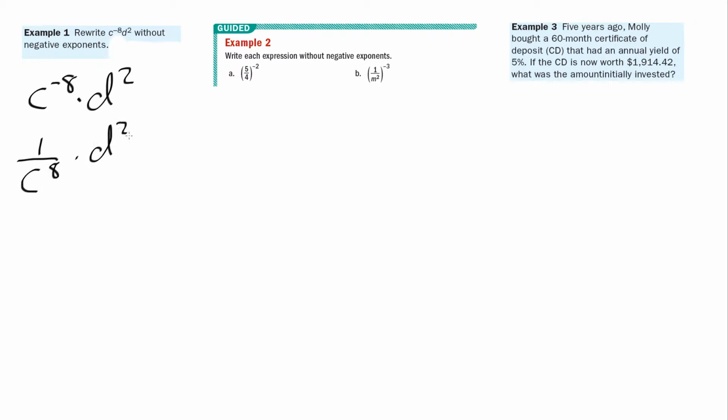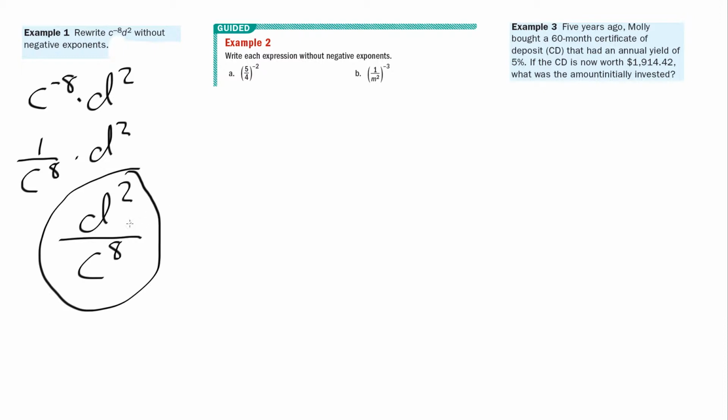I want to put it all in one fraction bar, so that's d squared, because d squared times 1 is d squared, over c to the 8th. I've rewritten it without negative exponents. I can't do anything with the c and d. These are different bases, so I need to stop at that point.